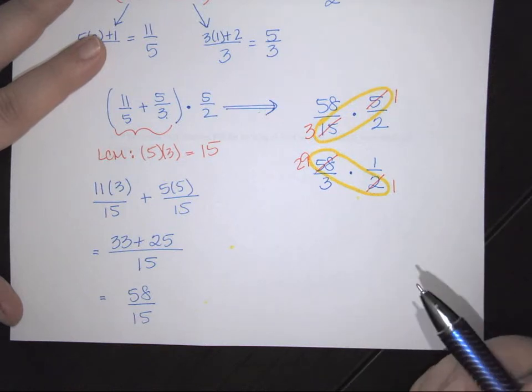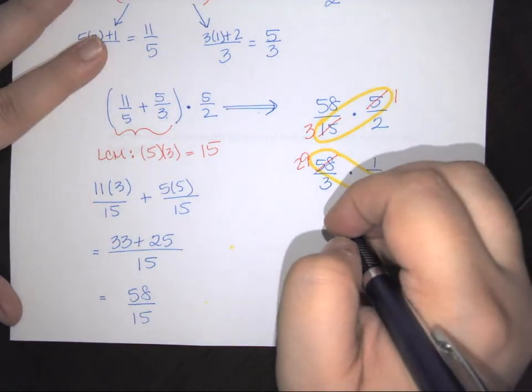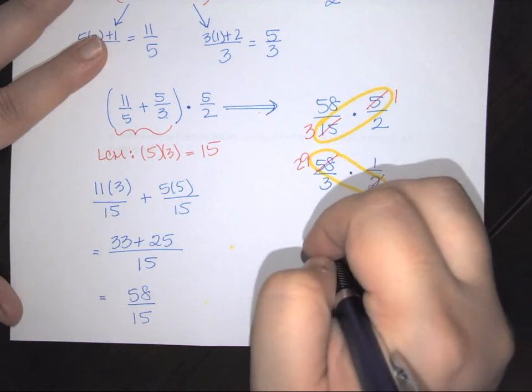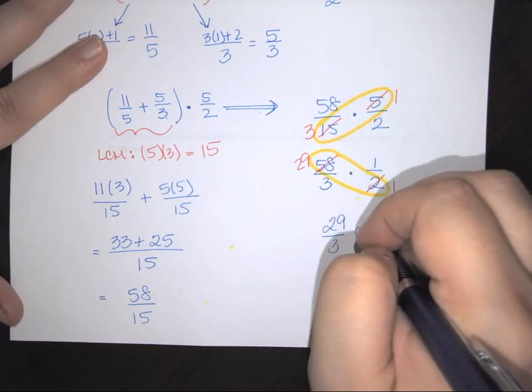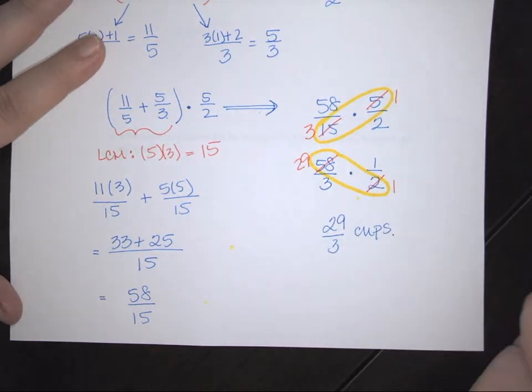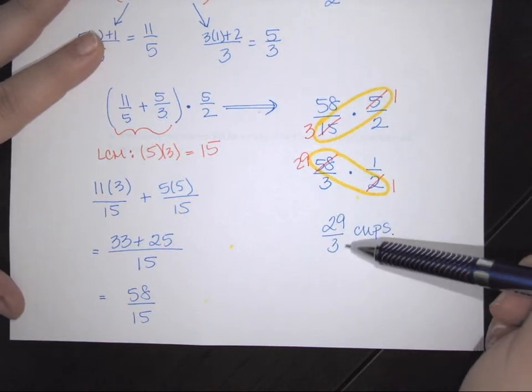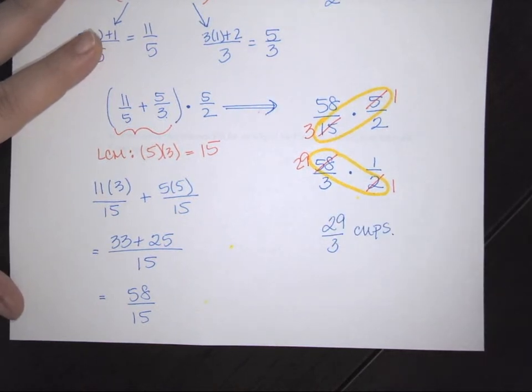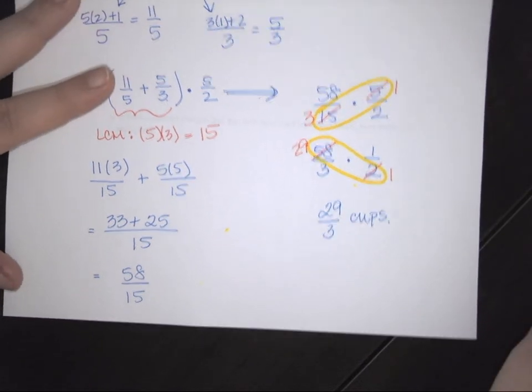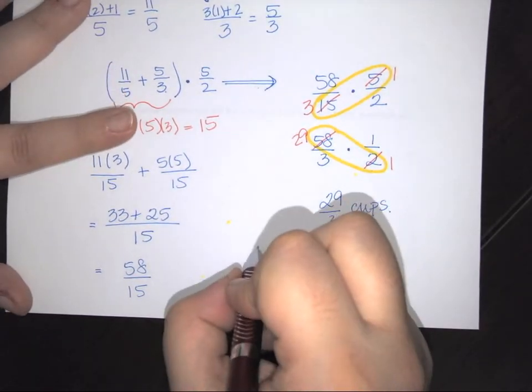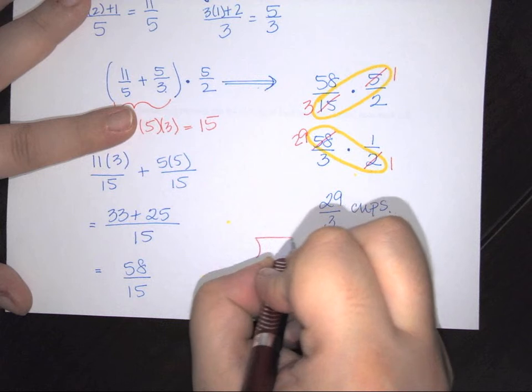So if I multiply straight across, this says I have 29/3 cups. However, that's not going to get you anywhere in the baking world, so you have to take this and interchange it back to a mixed number. To do that, I need to do old school division.